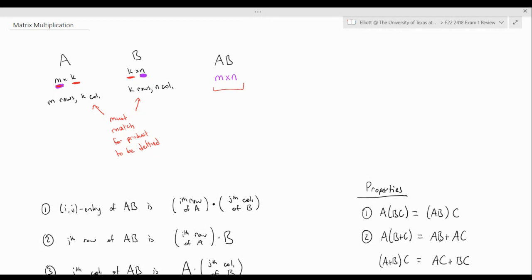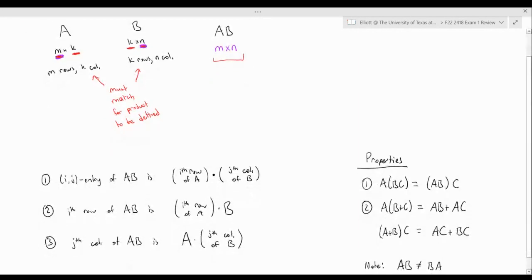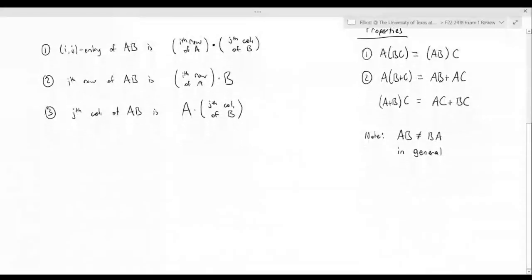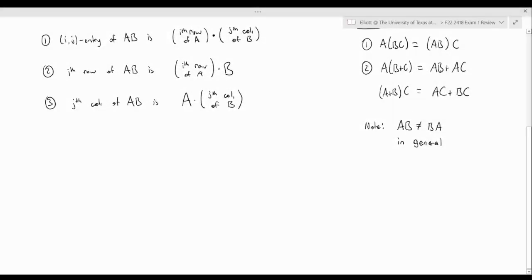So here, A is M by K, B is K by N, and the size of the product is M by N. Sometimes it is useful to think about what the sizes of your matrices are and what the size of the product is going to be. So that's how you do that. As for how you actually multiply the matrices together, here I've written down 3 different rules for thinking about how to multiply two matrices together.